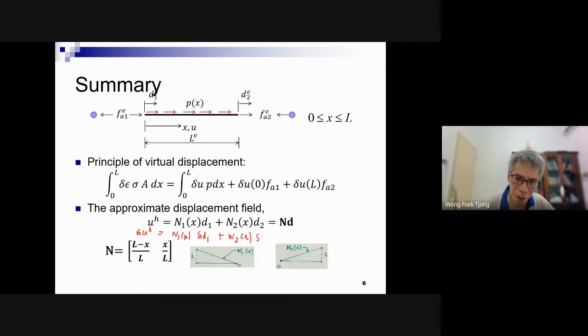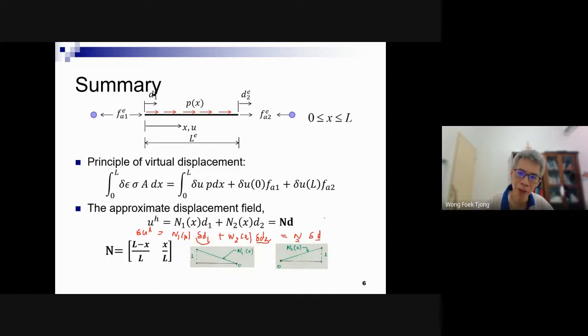This is the free variable. So we just change the free variables to other free variables. Let's give the names delta D1, delta D2. Maybe we can interpret these variables as virtual nodal displacement. So this is N delta D.